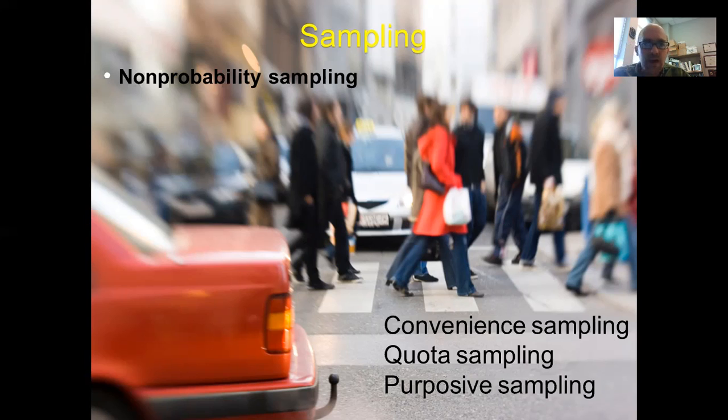Also, you could do it by ethnicity, you could do it by socioeconomic status. Of course, you'd have to ask people these questions, so it makes it a little bit more difficult. And again, it's still non-probability sampling, but at least you're trying to get somewhat close to the population that exists.